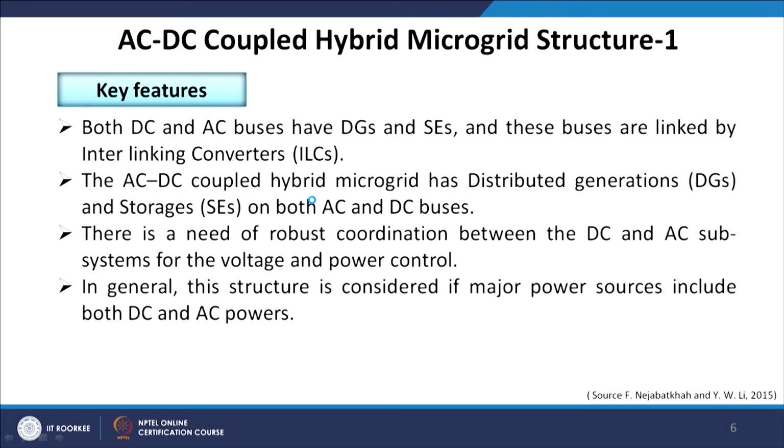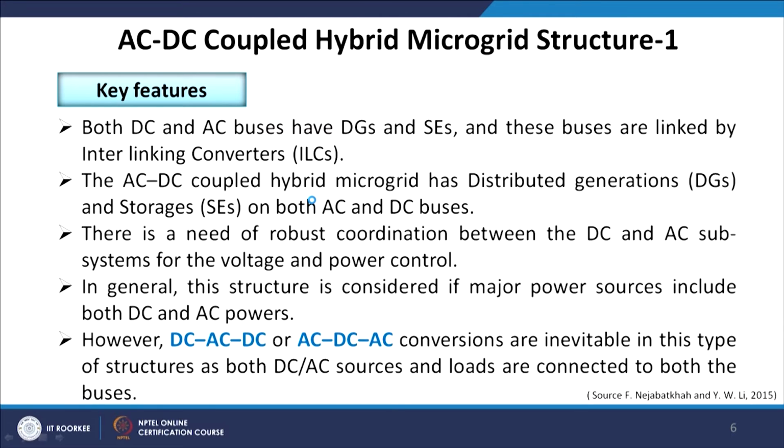In general, the structure is considered if major power sources include both DC and AC power. However, DC-AC-DC as well as AC-DC-AC conversions are inevitable, meaning you cannot avoid them in this type of structure, as both DC and AC sources and loads are connected to both the buses.